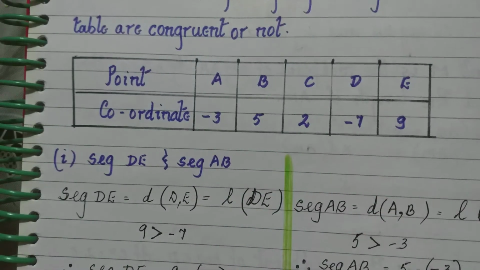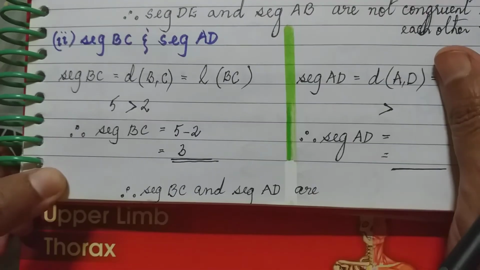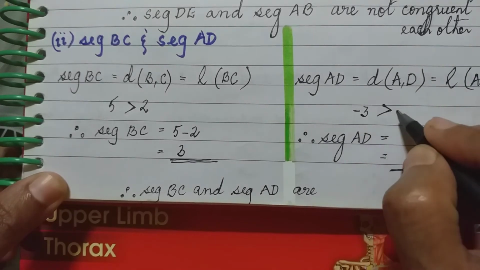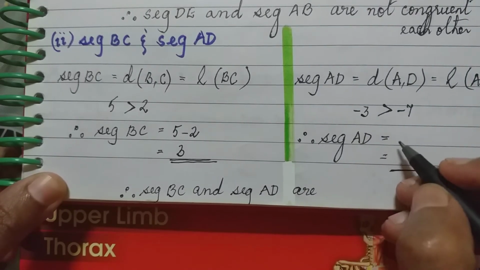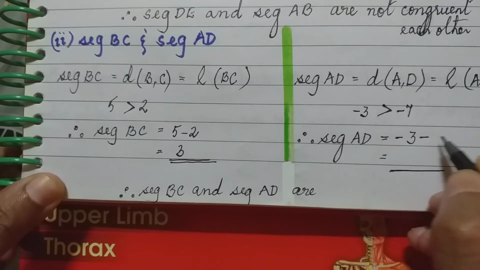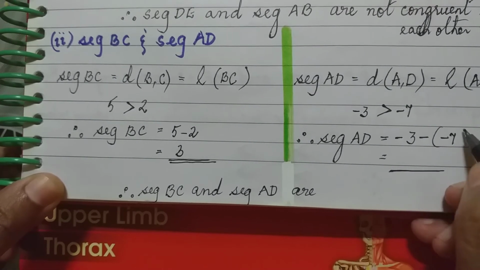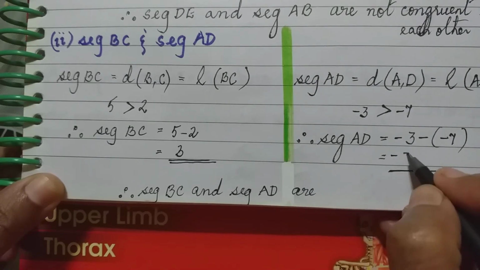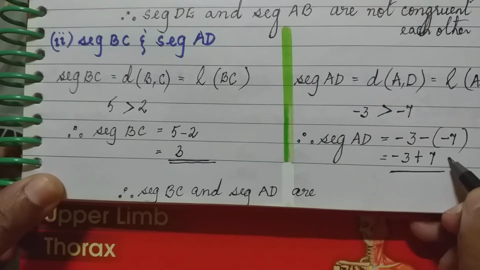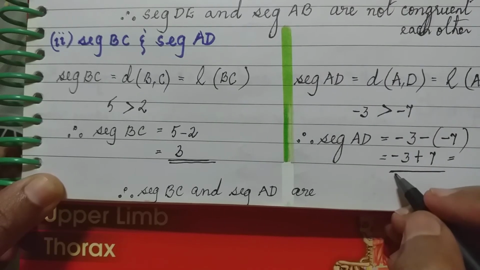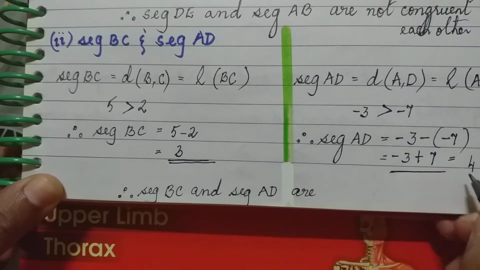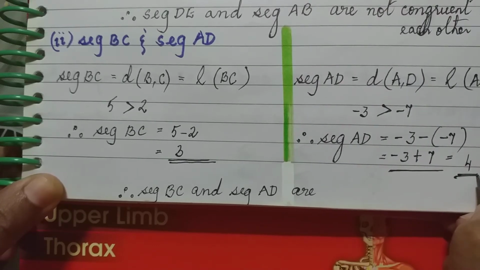Means -3 is greater than -7. So I write here -3 greater than -7. So segment AD will be -3 minus -7, that is minus 3, minus into minus is plus, so plus 7. 7 minus 3 is 4. Sign of the bigger number is plus, therefore this will be 4.